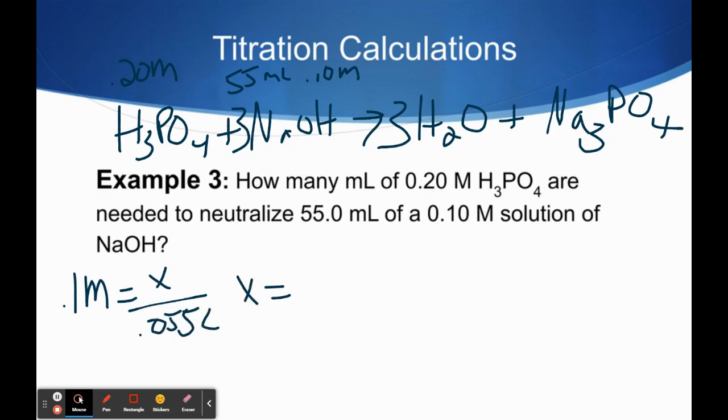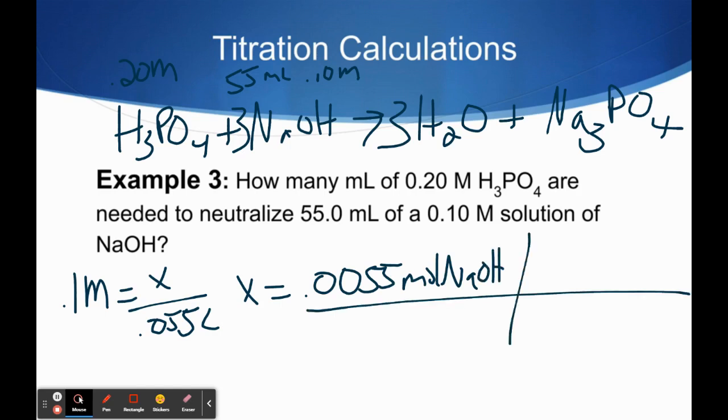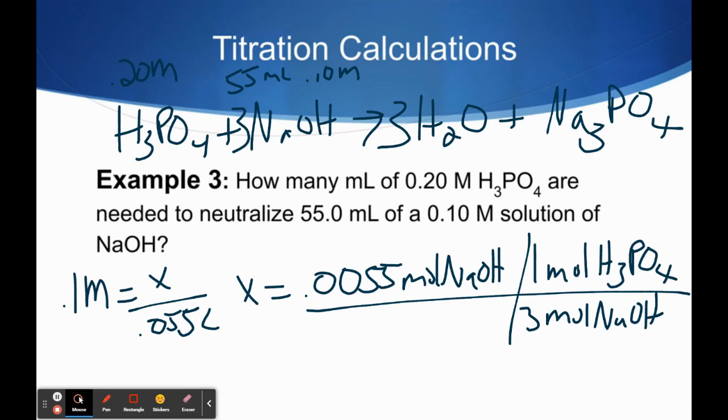So we get 0.0055 moles of NaOH. Then we want to use our mole ratio, so 3 moles of NaOH on the bottom to every 1 mole of H3PO4. So we get 0.0018 moles of H3PO4.